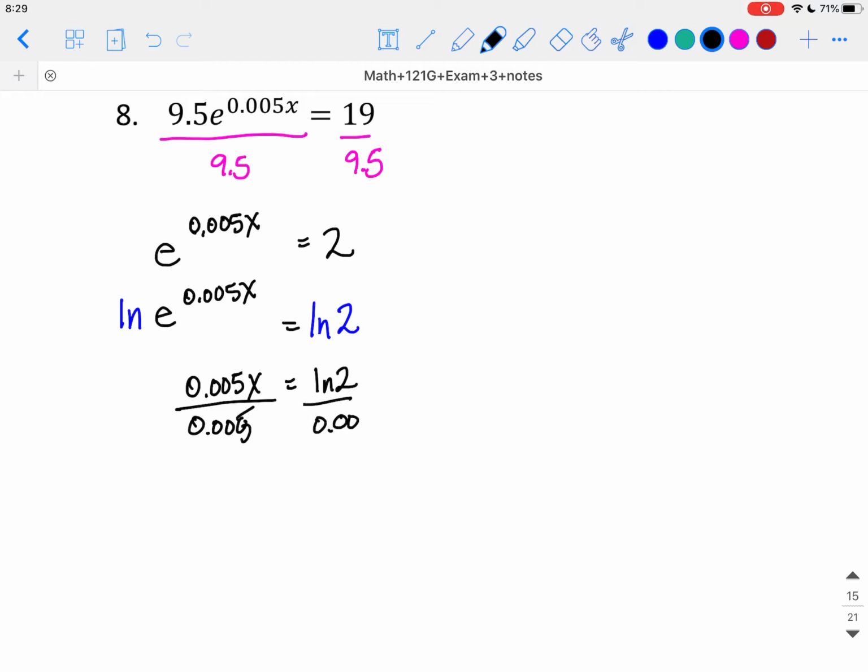Divide both sides by 0.005. And this is your exact answer for x. And if you do that in your calculator, it's approximately 138.63.